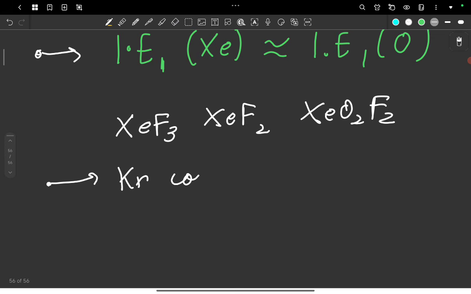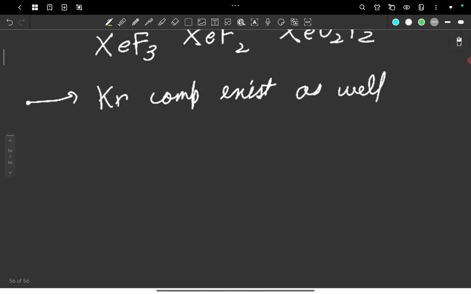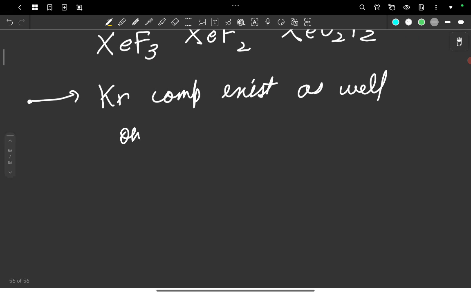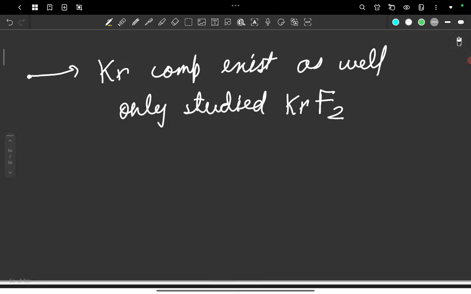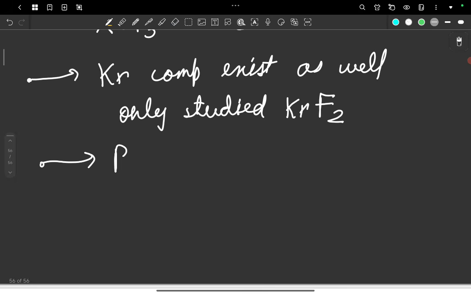Krypton compounds exist as well. But if we talk about the laboratory, we have only studied KrF2. And in fact, even radon compounds exist.